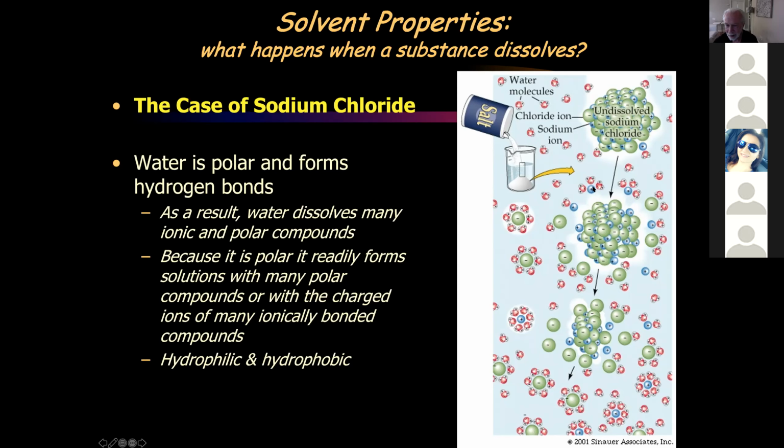That's electrostatic attraction, plus and minus. Whereas with a green ball, a chloride ion, the opposite happens. Instead of the oxygen turning in toward the chloride, the hydrogens do.